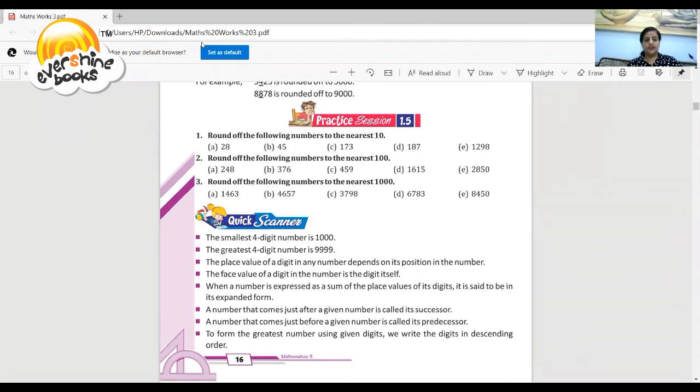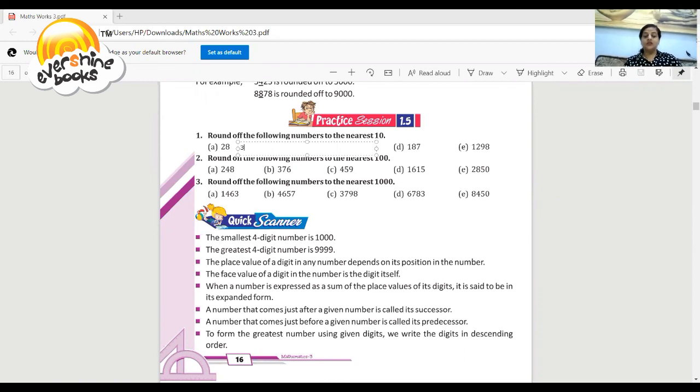So here it is given 28. We will see 8, because we want to round off at the tens place. 28 means it is more than 4, more than 5, so we will add 1 at the tens place.